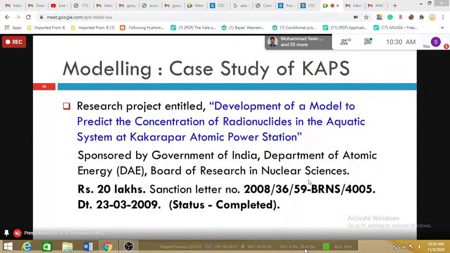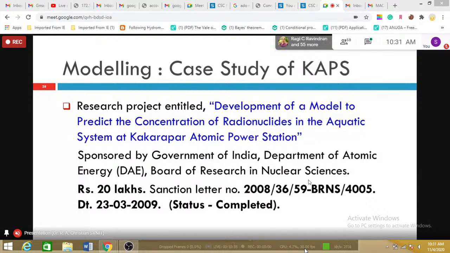Now, let me explain with this understanding how we can actually apply this fuzzy modeling system. We did get a project entitled Development of a Model to Predict Concentration of Radionuclides in the Aquatic System at Kakrapar Atomic Power Station.